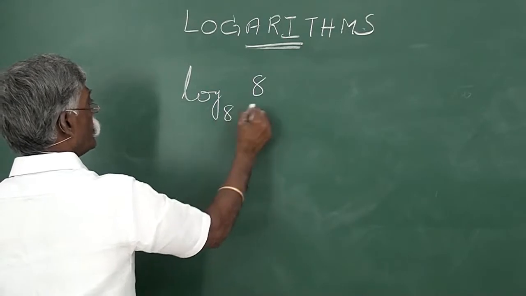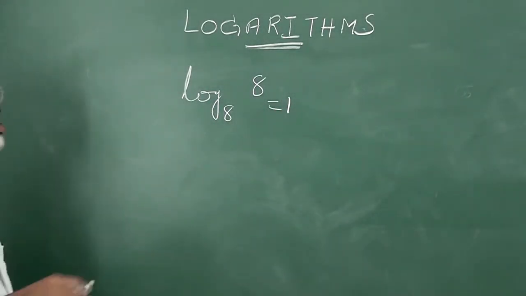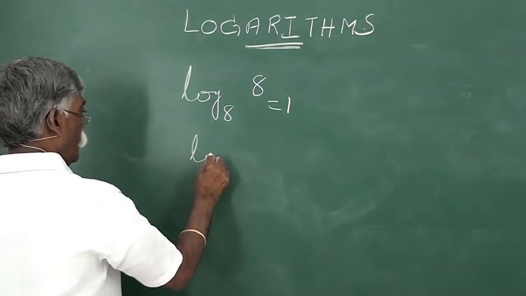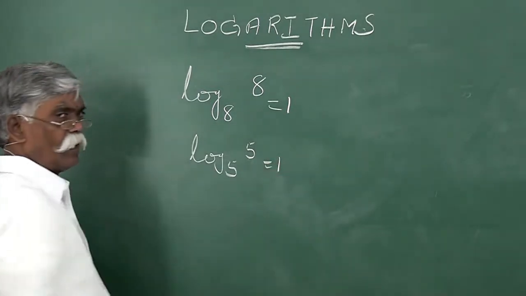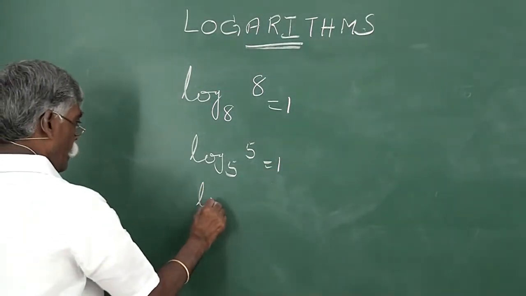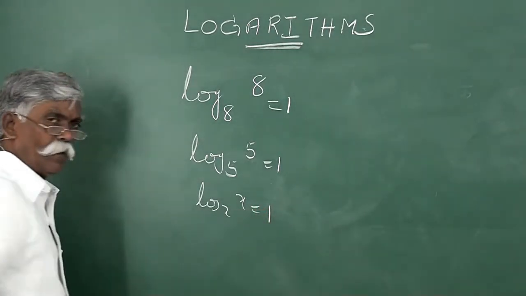Logarithm of 8 to the base 8 is 1, because 8 power 1 is 8. Logarithm of 5 to the base 5 is also 1, and logarithm of x to the base x is also 1.